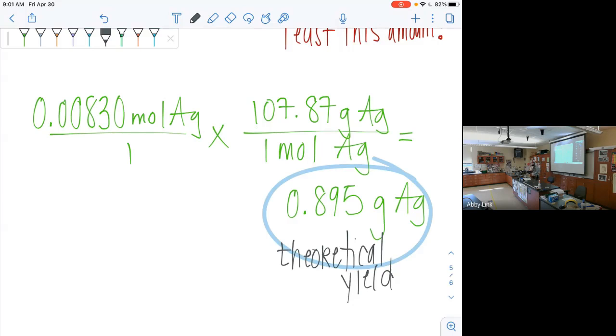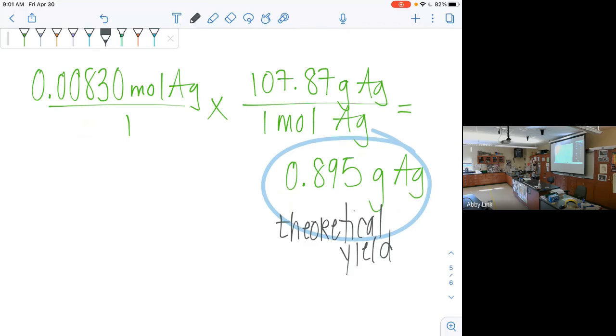All right, remember how we solve for a percent yield? What do we do? Good. Actual over theoretical times 100, beautiful. They still have to give us the actual. They can't trick you there, okay? They give us 0.87 grams, and the theoretical is 0.895.